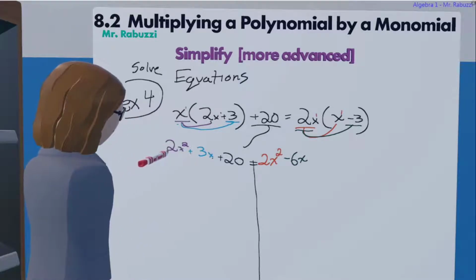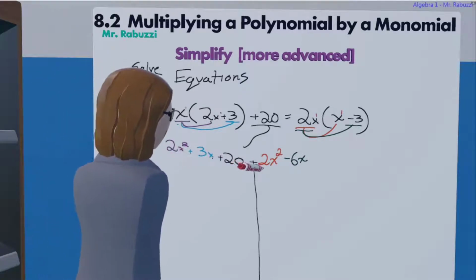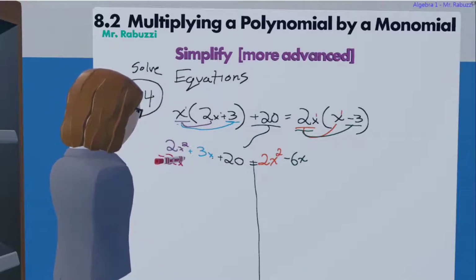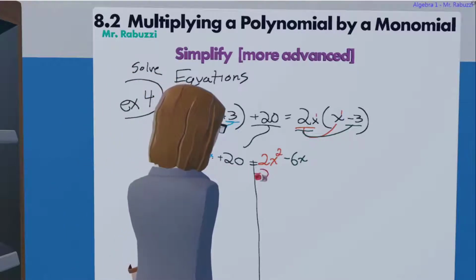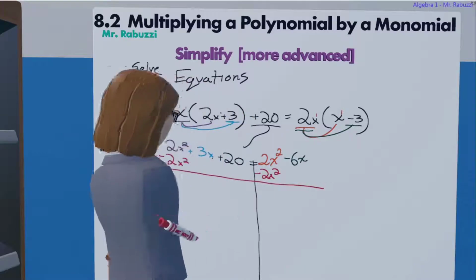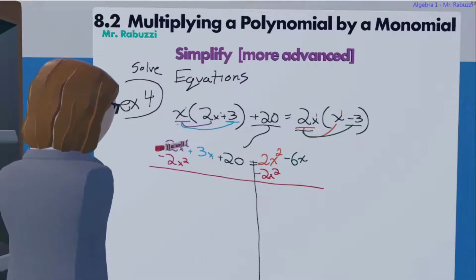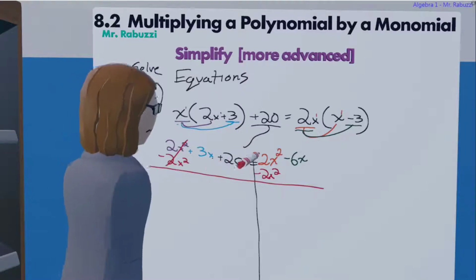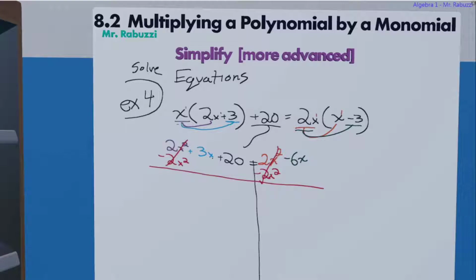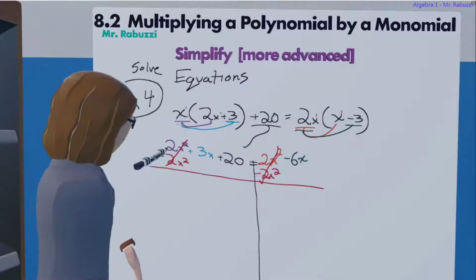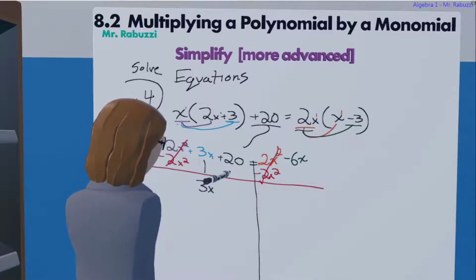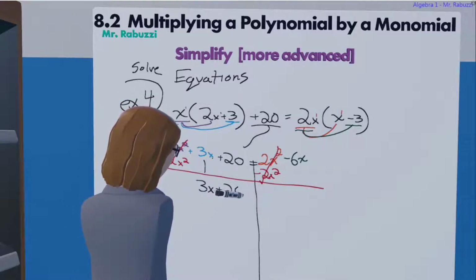So I'm going to subtract 2x squared from both sides. 2x squared minus 2x squared, they're gone, delete. That makes it so much simpler. So if you notice the same thing on both sides, try subtracting them, okay? You can clean up your equation a lot.